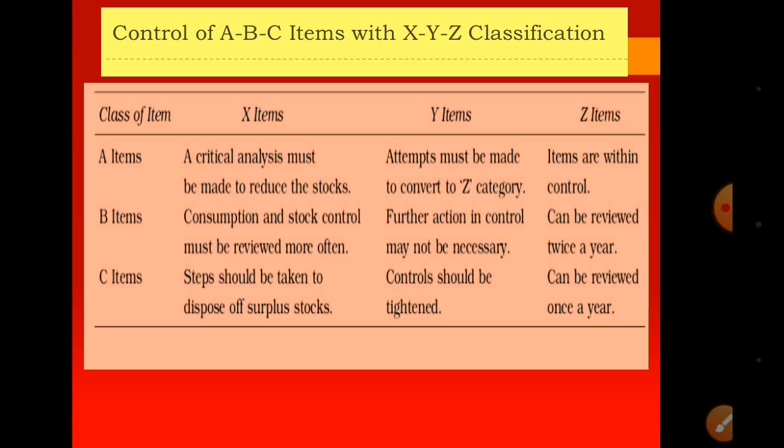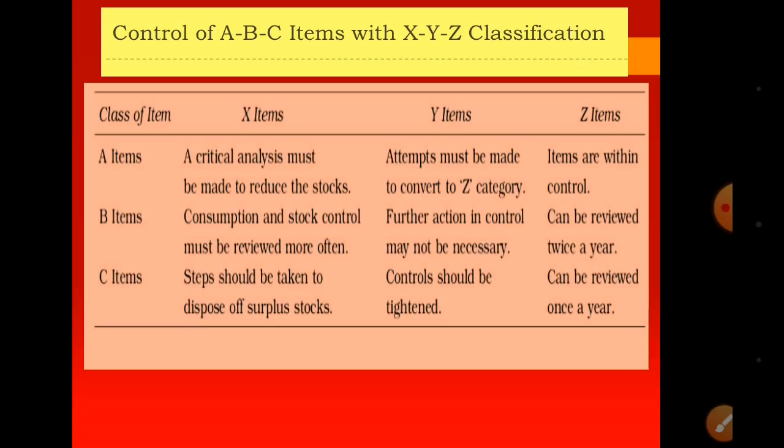The items that are in A row and Y column, attempts must be made to convert to Z category. The items that are in B row and Y column, further action in control may not be necessary. The items that are in C row and Y column, the control should be tightened.